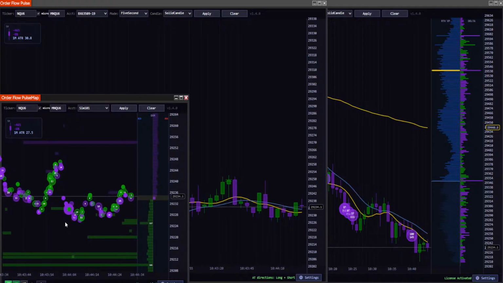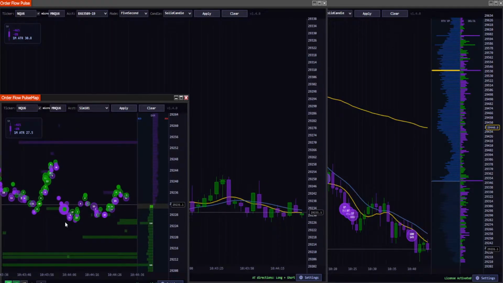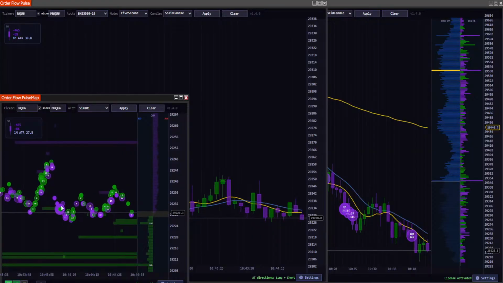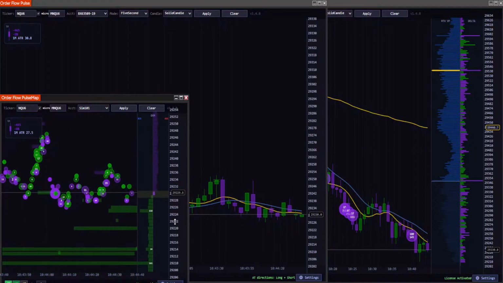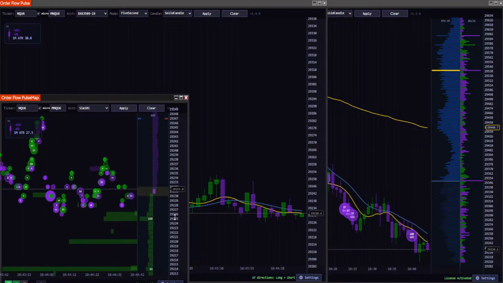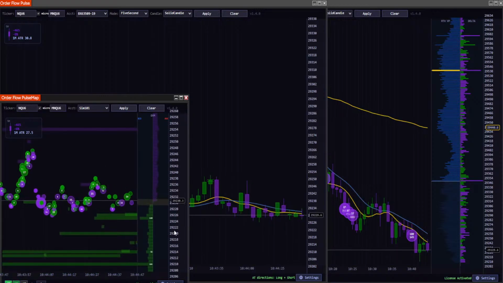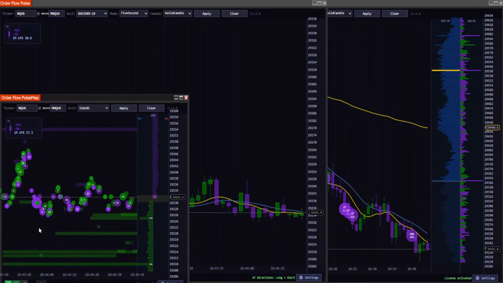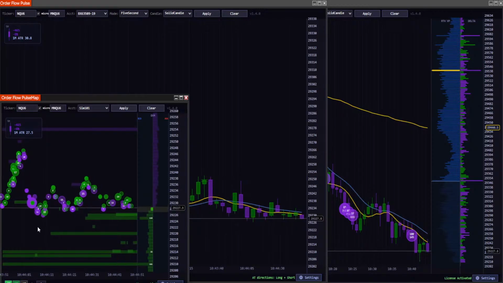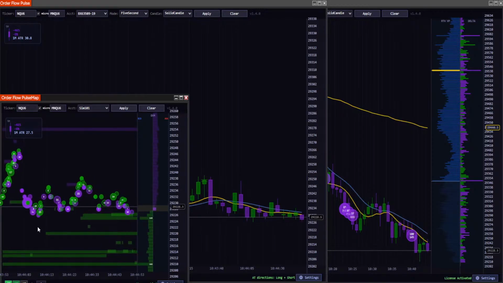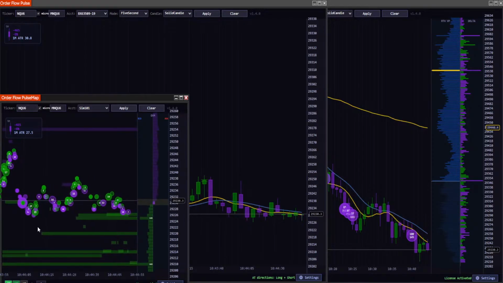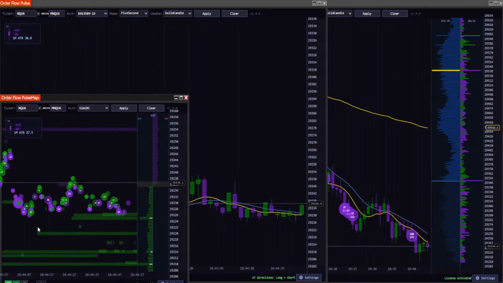Got about 116 sitting on there at about 214. I think it's about 116. I'm going to test out the micros, trading the heat map.